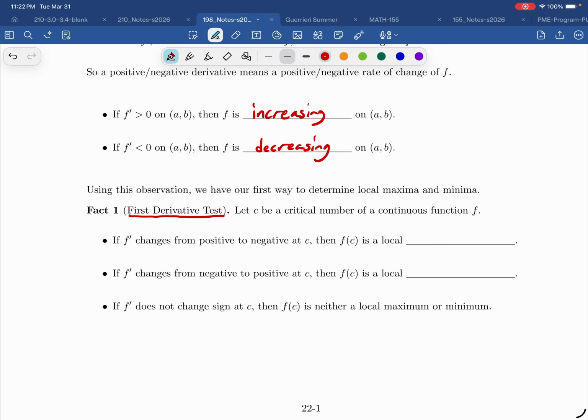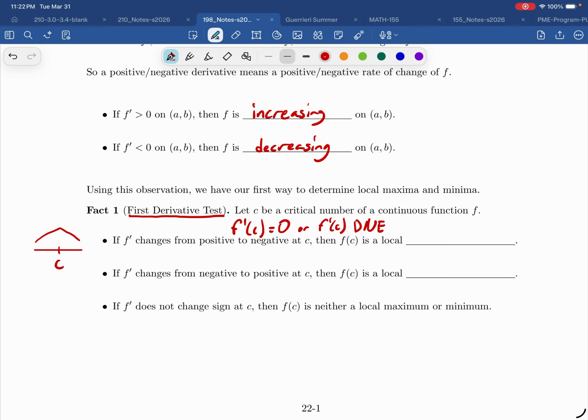If we have a critical number of a continuous function, remember, critical number means that our derivative either equals 0 or does not exist at c. Then if f prime changes from positive to negative, so we have an increasing function, and then at c we have a decreasing function, well then what does that mean?